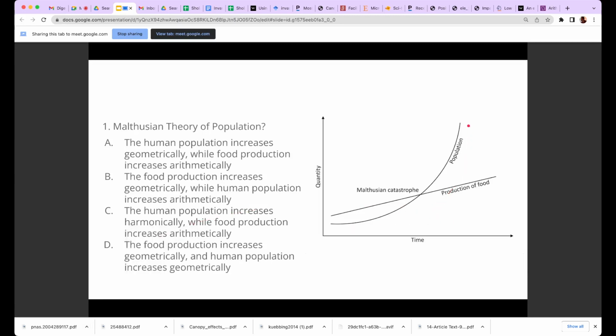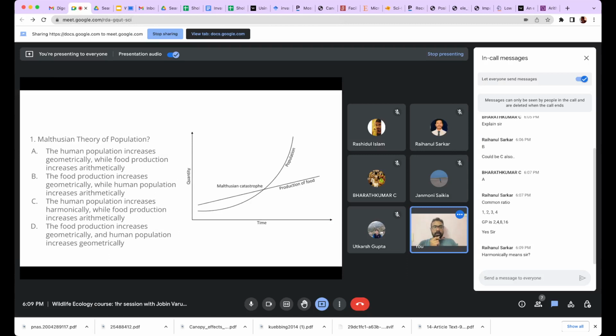Over here, is this a geometric progression or an arithmetic progression? Is this a geometric progression or an arithmetic progression, is what my question is. Harmonic is basically 1 by 2, 1 by 3, 1 by 4, 1 by 5, like that. So it goes like this. You can Google it up. It's also one of those progressions.